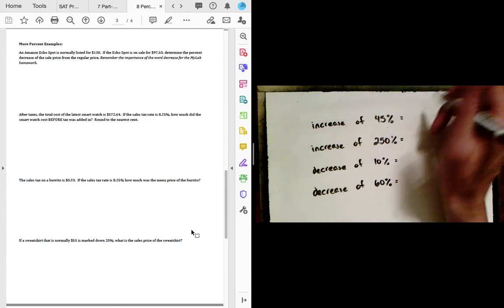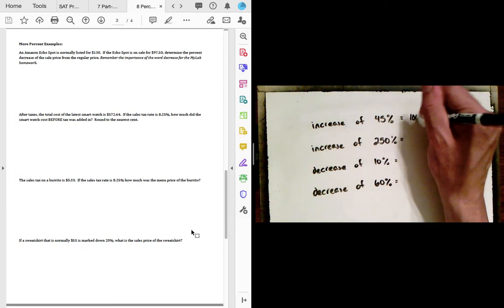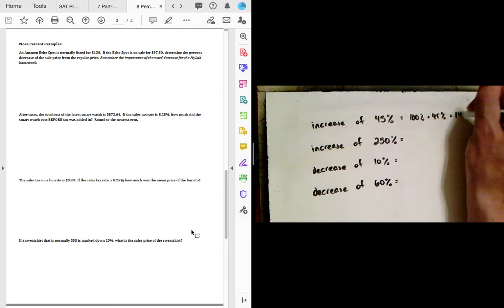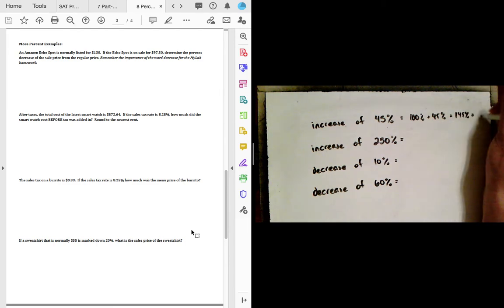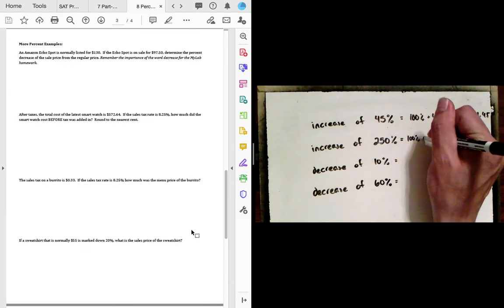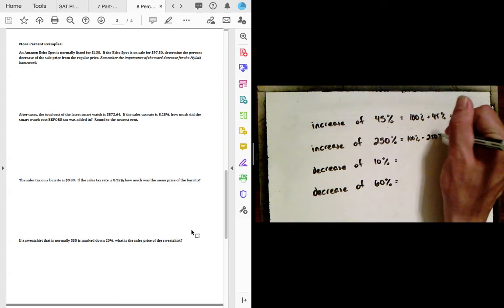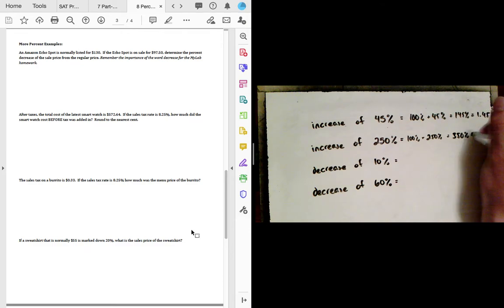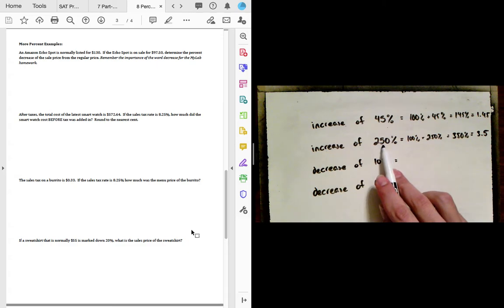An increase of 45% would be 100% plus 45%, which is 145%, as a decimal 1.45. An increase of 250% would be 100% plus 250%, which is 350%, as a decimal, that is 3.5. So in other words, a 250% increase of something is the same thing as multiplying it by 3.5.